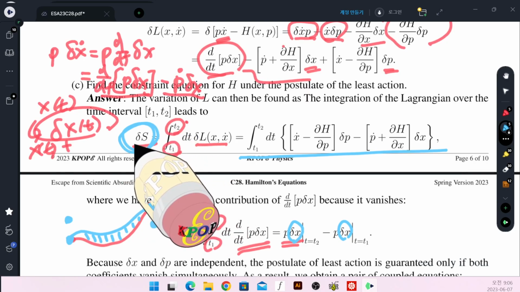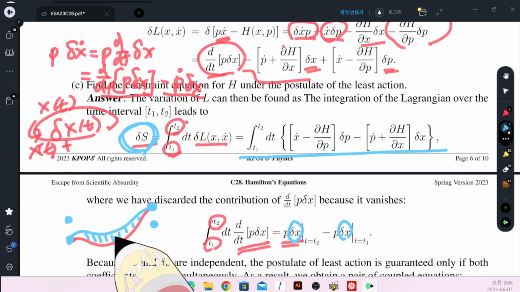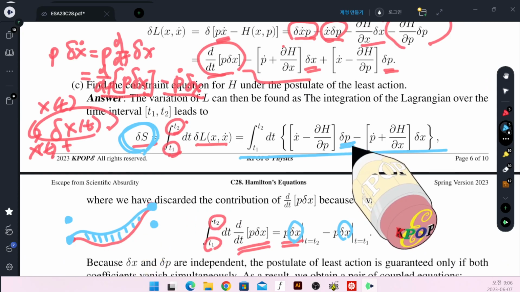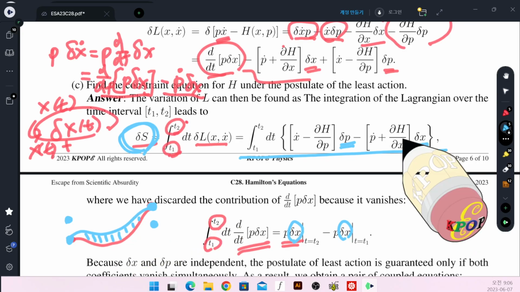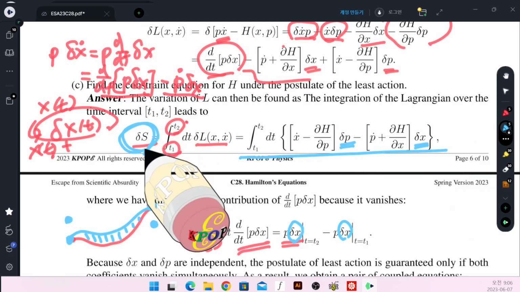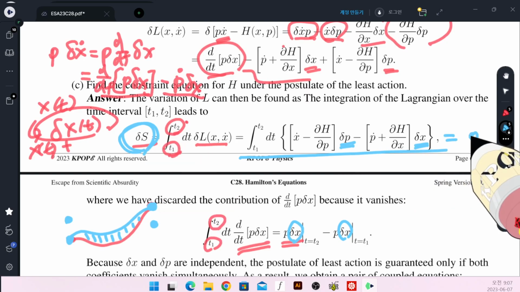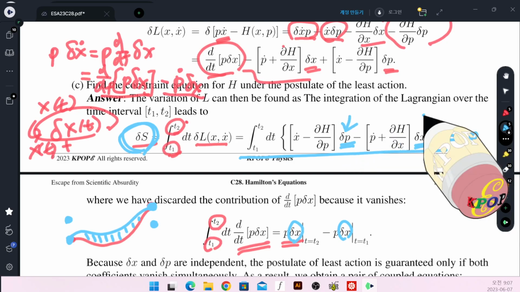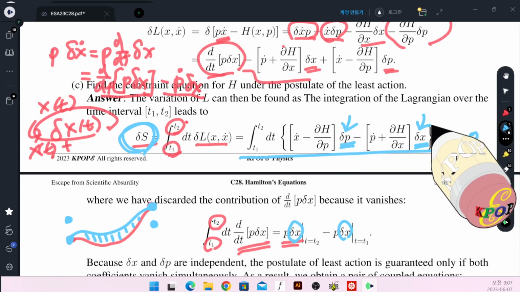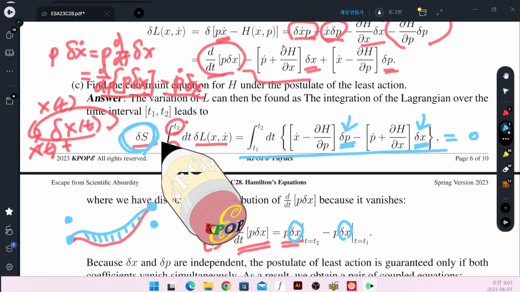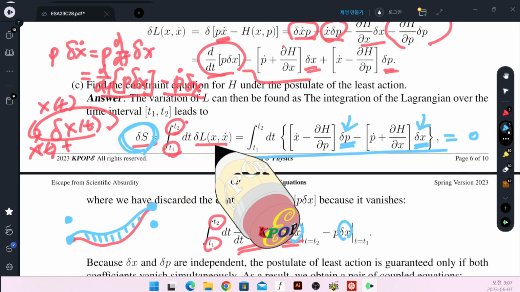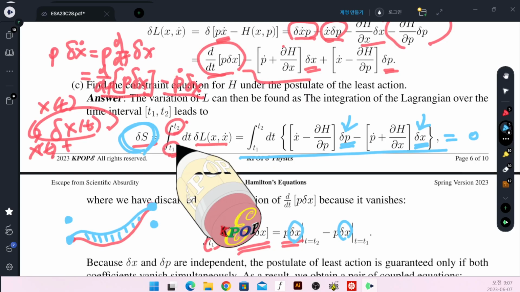So from the physical path, if you vary both the linear momentum and position by a little amount with arbitrary value, this derivative should be zero. And this variation should be arbitrary, along any kind of variation. This one should be a stationary value to satisfy that the action is a least value.